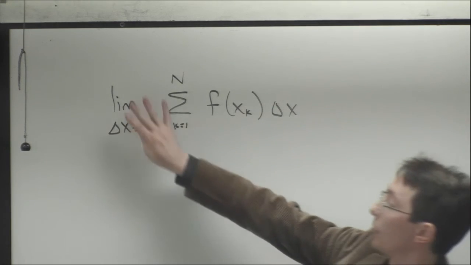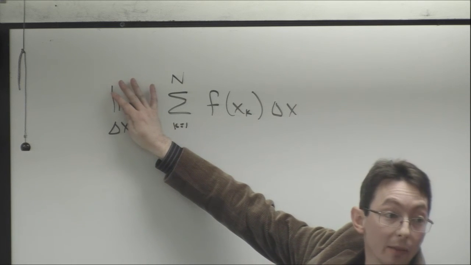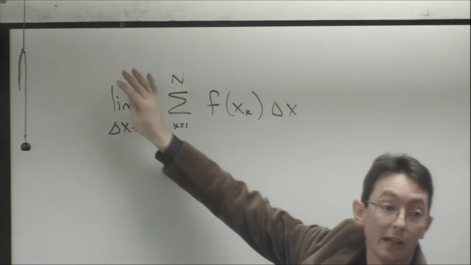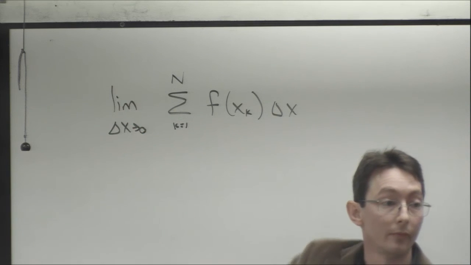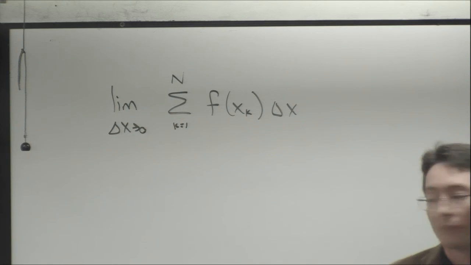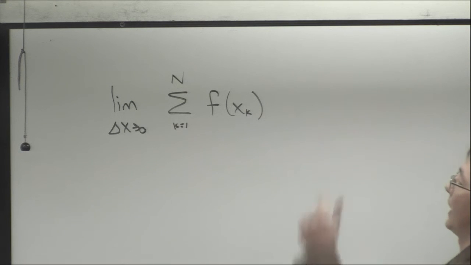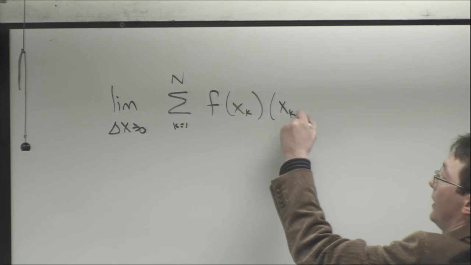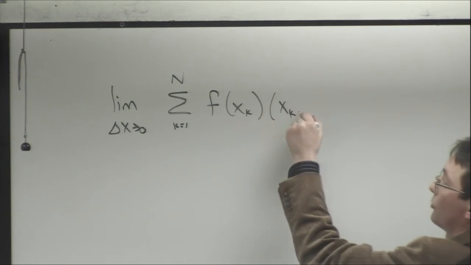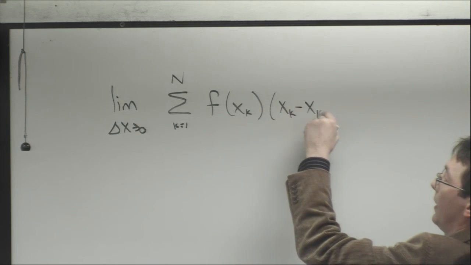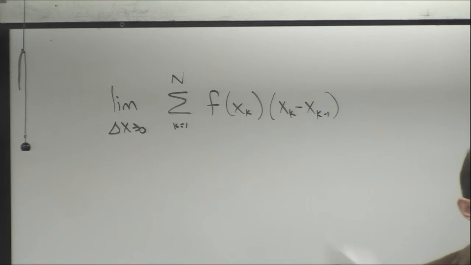And again, for numerical calculus, we just get rid of this limit, and we have a finite delta x. If my delta x's were variable, I would just have xk minus xk minus 1. That's my variable delta x.